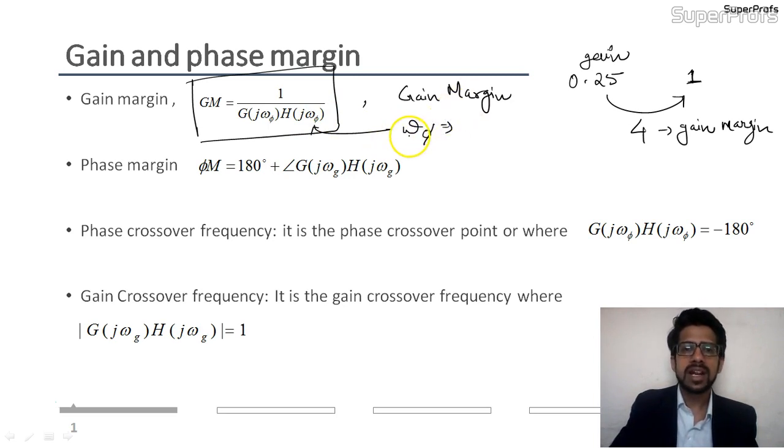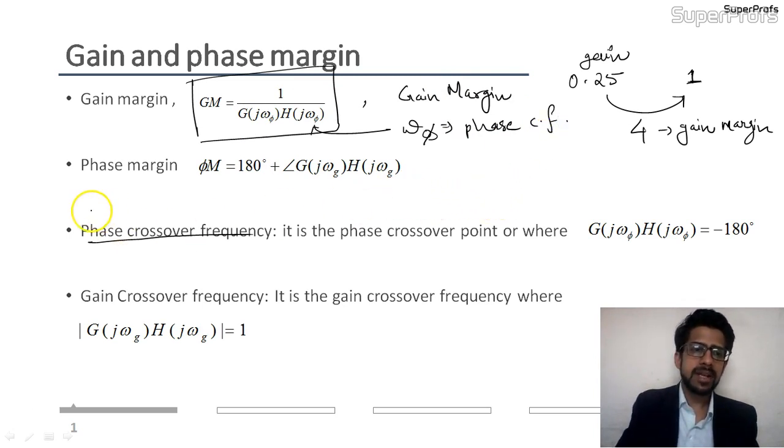So to calculate the gain margin, you will have to first calculate the phase crossover frequency, omega phi. Once you calculate it, you will put that value of omega into g of j omega into h of j omega, and then you will calculate the gain margin. So remember, first you'll have to calculate phase crossover frequency.